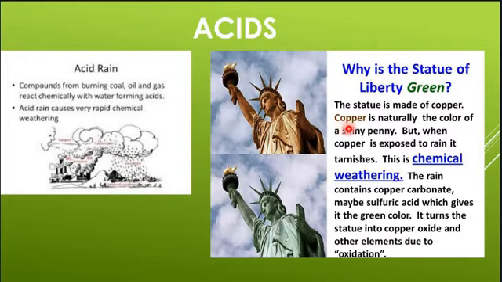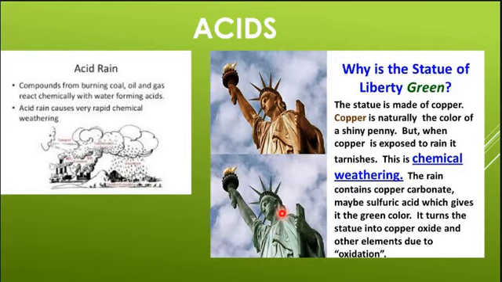Ngayon, anyway, etong Statue of Liberty nga na to is made up of copper. And it is naturally the color of a shiny penny. But when copper is exposed to rain, it tarnishes. And this is chemical weathering, no? Nga lang ito kasi ay talagang sa metallic material, no? Now the rain contains copper carbonate. Kasi nga acid, no? Acid rain. Now, it may be sulfuric acid which gives it the green color.